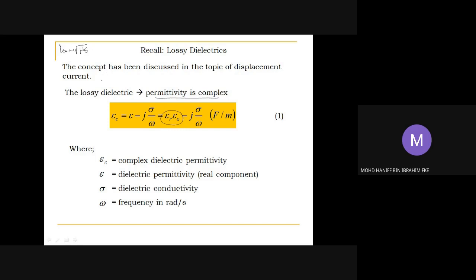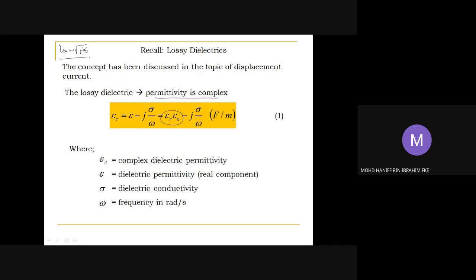For the lossless medium, we have agreed that epsilon is a real number, so we have the value of K to be a real number. But for the case of a lossy medium, epsilon is a complex number, so K will not be a real number anymore, but a complex number due to the fact that epsilon is a complex number.